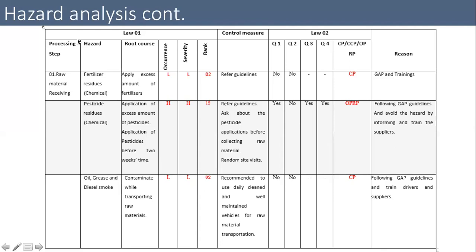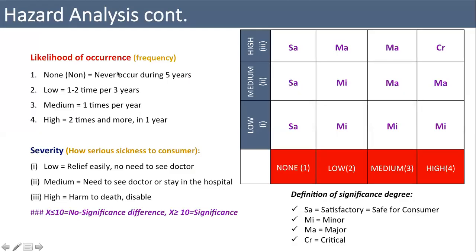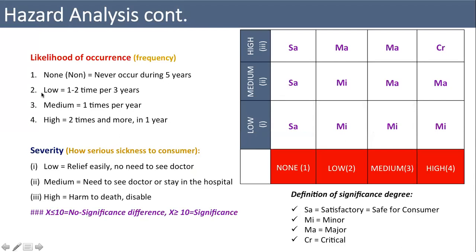According to my example, you can see the processing step: raw material receiving. The hazard is fertilizer residues. Root cause: applying an excess amount of fertilizers. And occurrence, as I mentioned here, is low, right? Low means the value is 2.